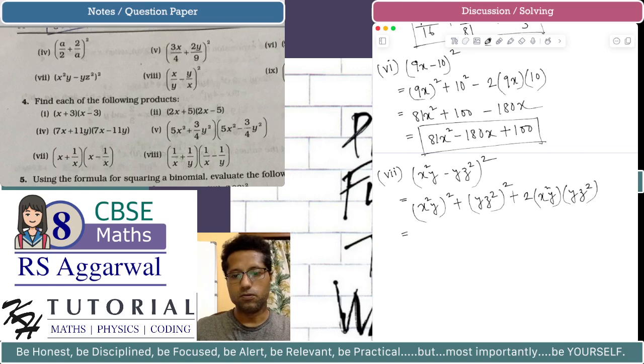So this is equal to x to the power 4 y square plus y square z to the power 4, and minus 2 x square y square z square.